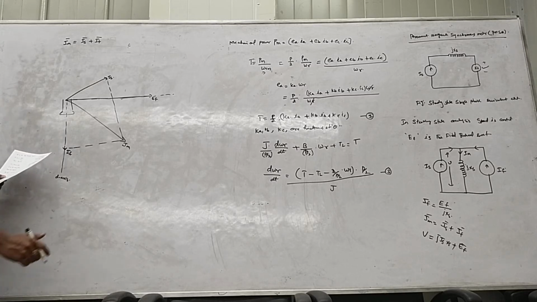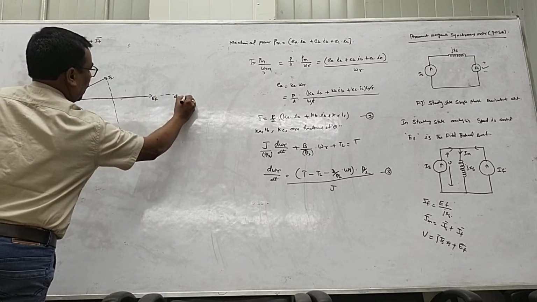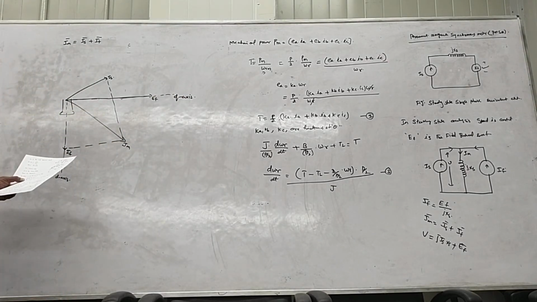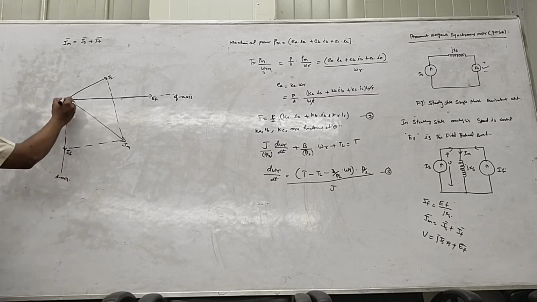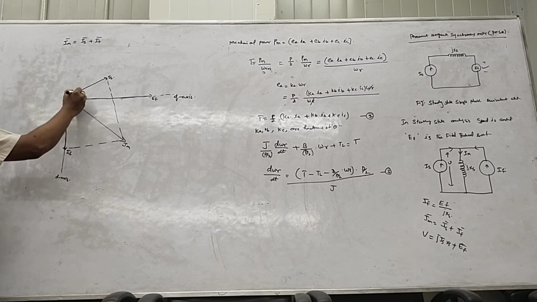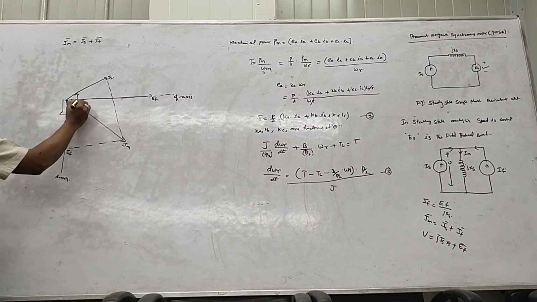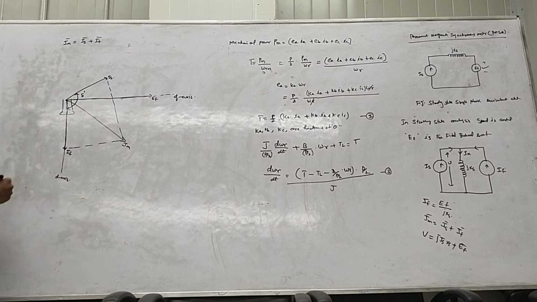So this is your Q axis. So the angle between the field current IF and the current IS is delta dash, delta prime.